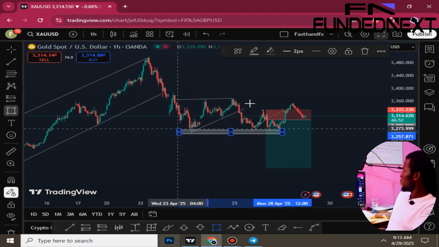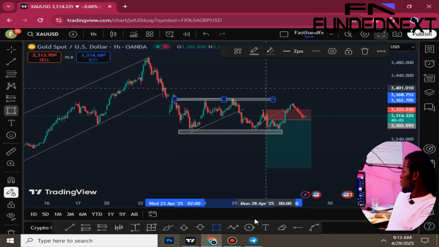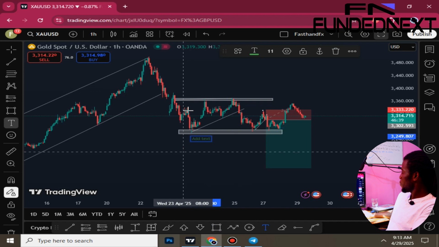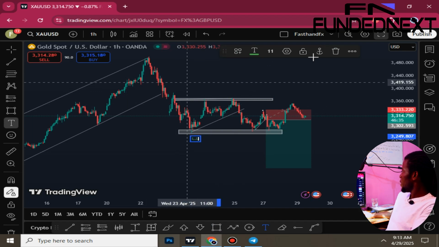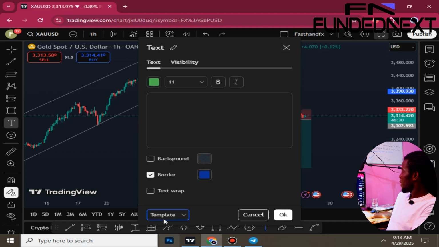If you look at this, she went up and created this level right here as our new lower high. Let's call them out so that you don't miss a thing. Right here I can call it a lower low, and over here I can call it a new lower high, something like that.